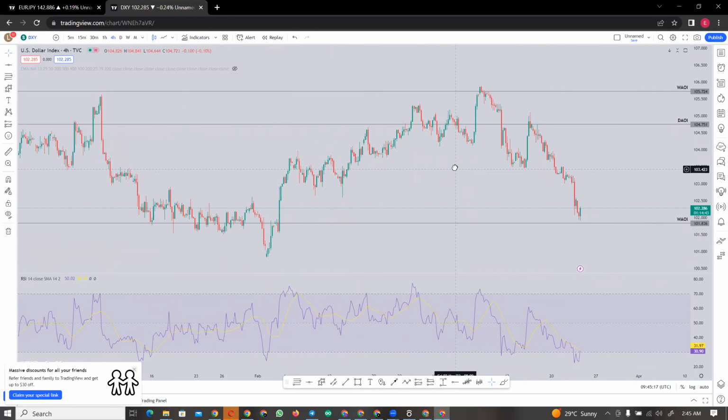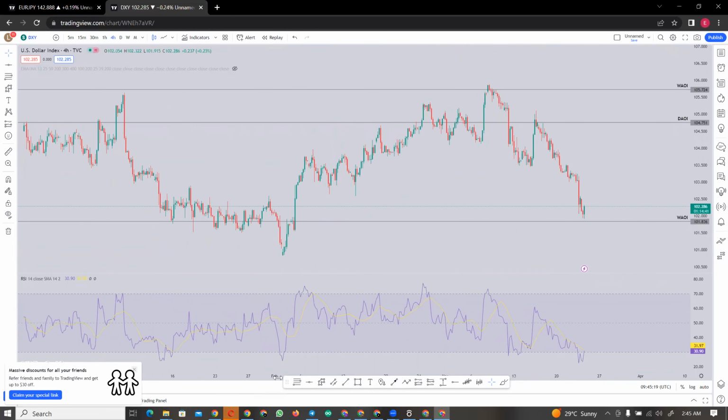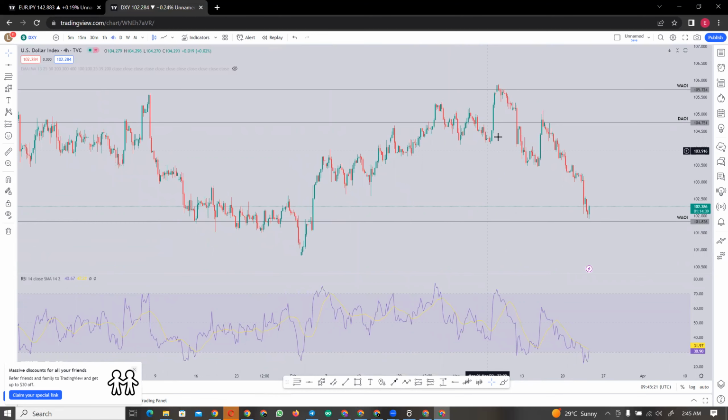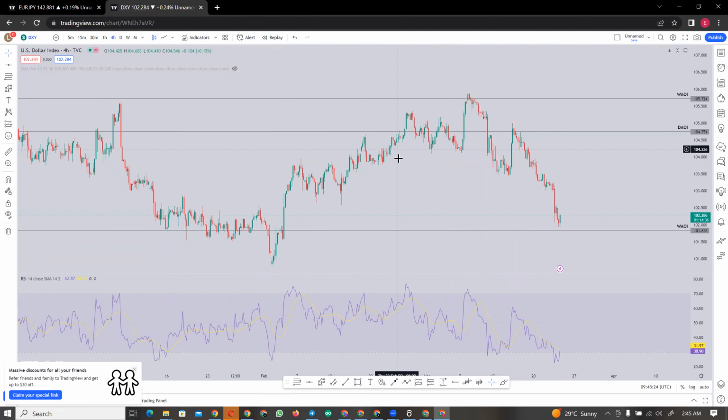On 4-hour time frame, looking at this market, we are bearish. Look at this, this is our perfect entry. This is divergence. This is our entry on confluence.